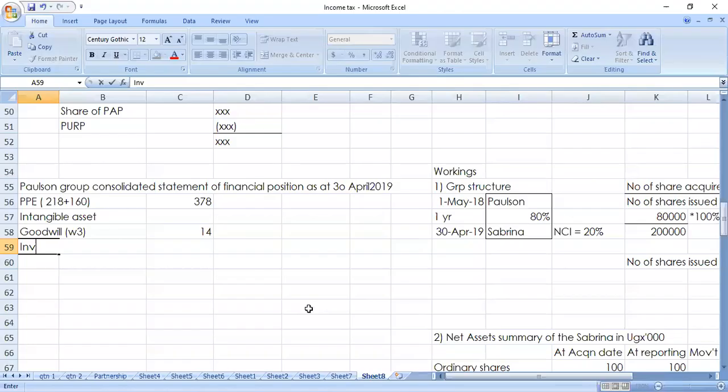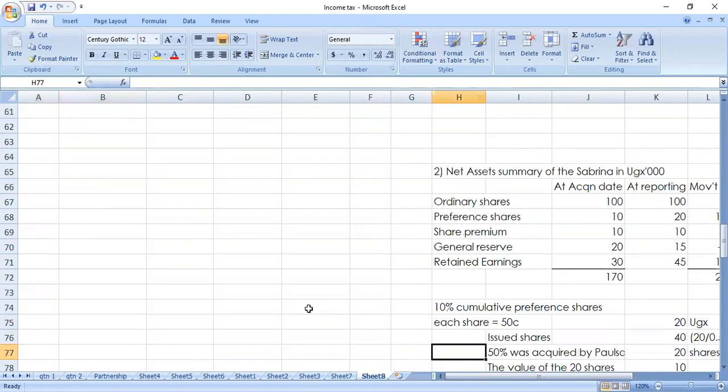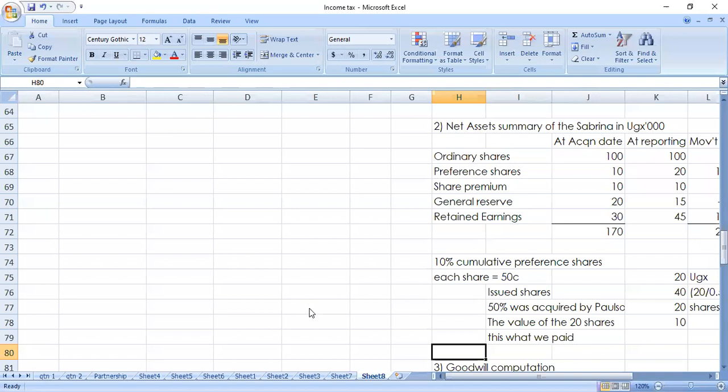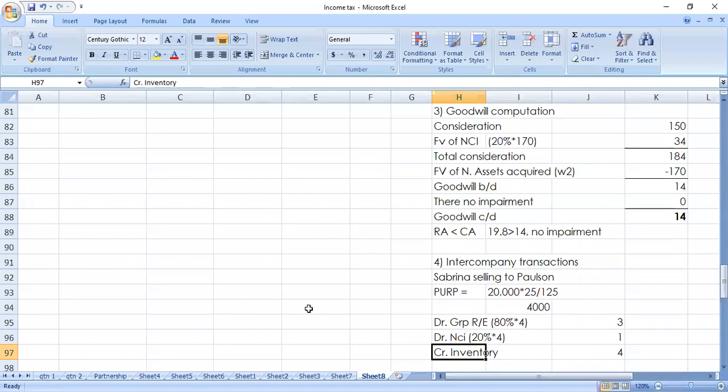And for inventory, we also had another item affecting it. We saw this selling. So when we sold, there was 4 we're supposed to remove. Remember, we created inventory on that working number 4A. Okay, we can go there and check it out. It's number 4A. I didn't say A, but it's A.